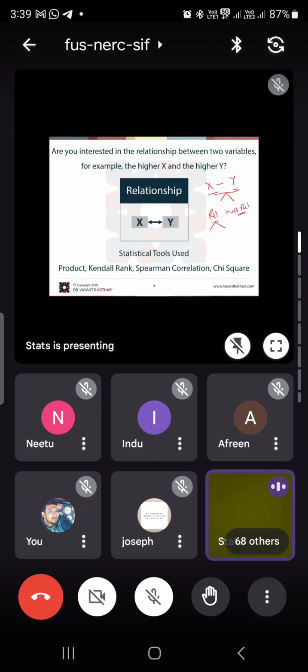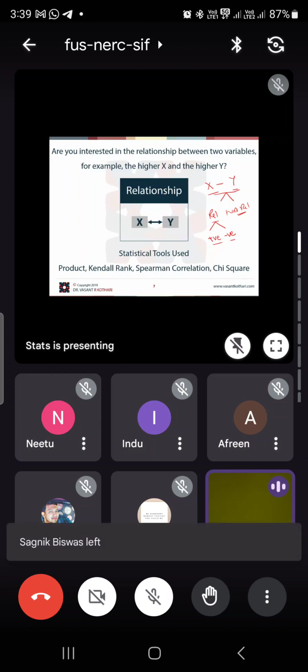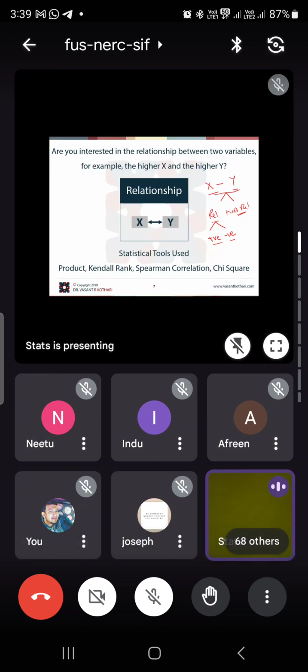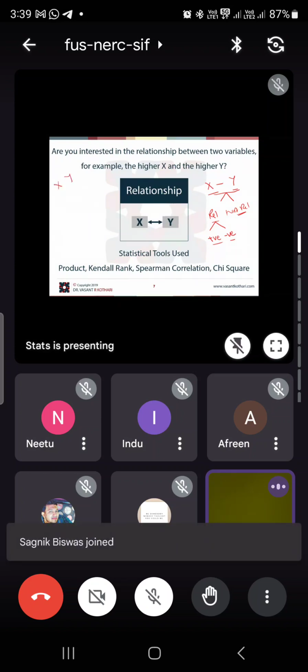But when a relationship is established between X and Y, then we have two possibilities. Either they are positively related or they are negatively related. Either there is a positive relationship or a negative relationship. Now, what is a positive relationship and a negative relationship?